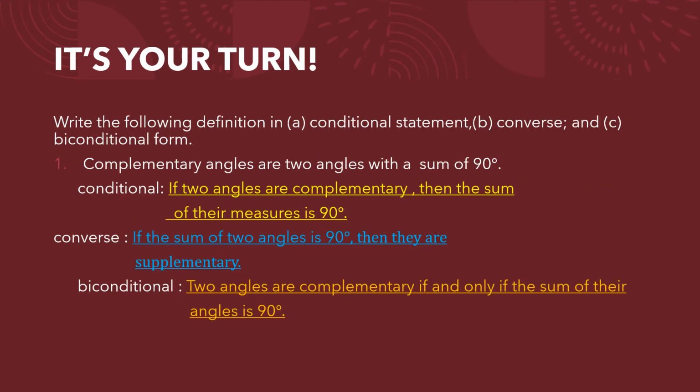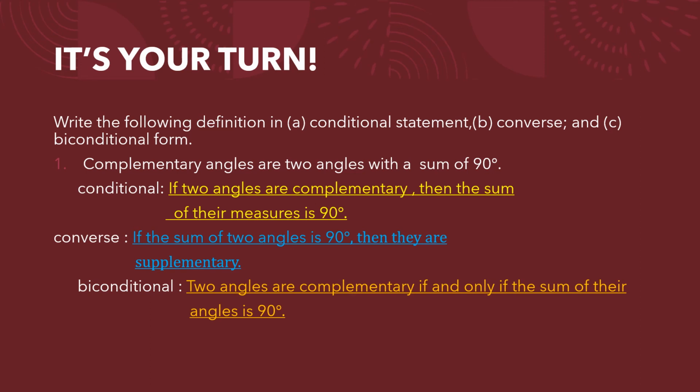Let's check your answers. So for the conditional, if two angles are complementary, then the sum of their measures is 90 degrees. Did you get the same answer? Very good. So for the converse, if the sum of two angles is 90 degrees, then they are complementary. All right, let's check their truth value.